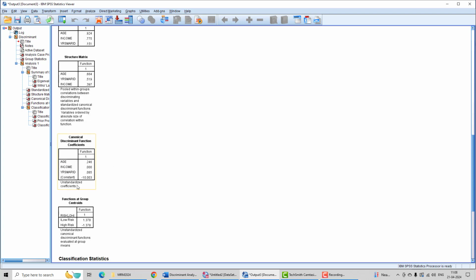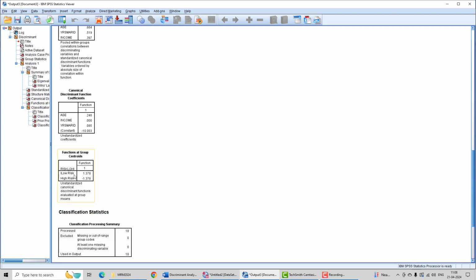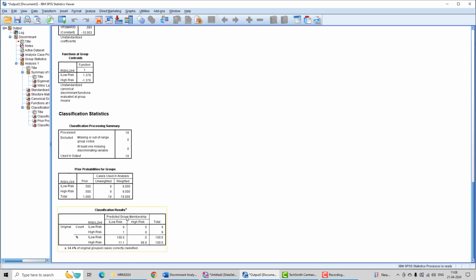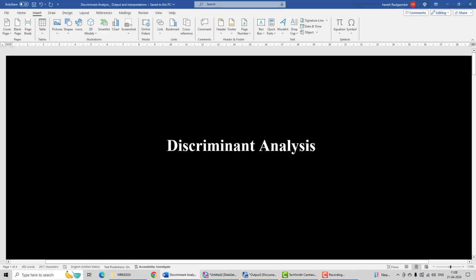So this table also I will copy. Then functions at group centroid also I will require. I have already copied that. And then classification results. This also I will copy. So now I have copied all my results to a Word doc, and then let us start the analysis part.